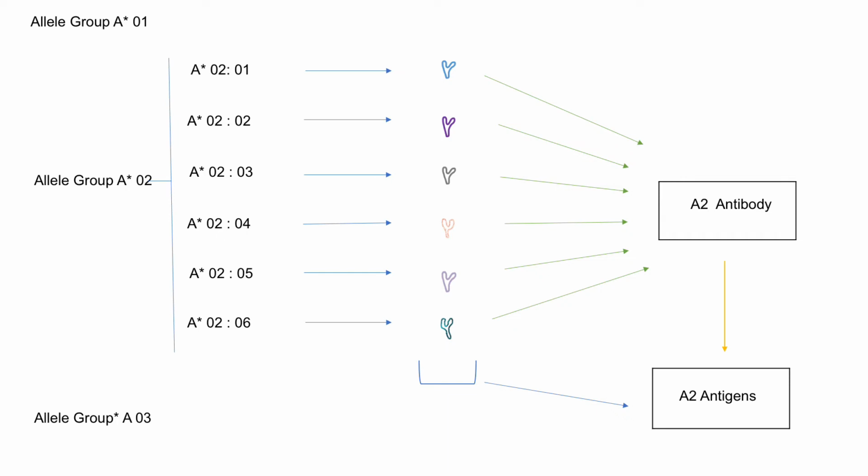For solid organ transplant, identification of HLA alleles at low resolution or antigen level typing is generally considered enough. However, for bone marrow transplant, identification of HLA alleles at high resolution is considered appropriate.